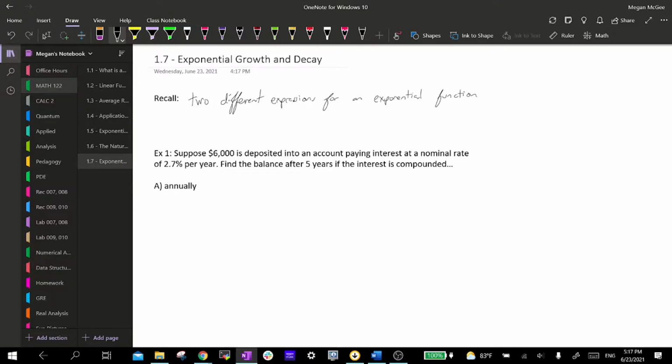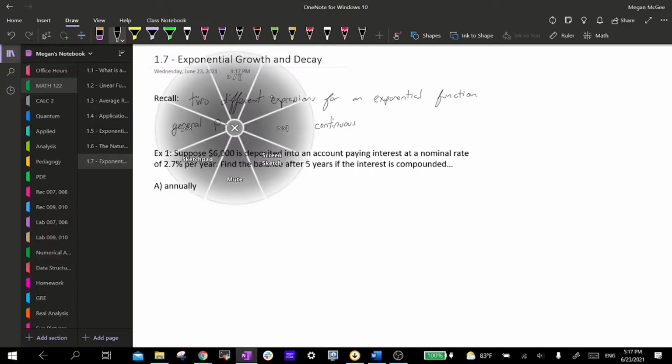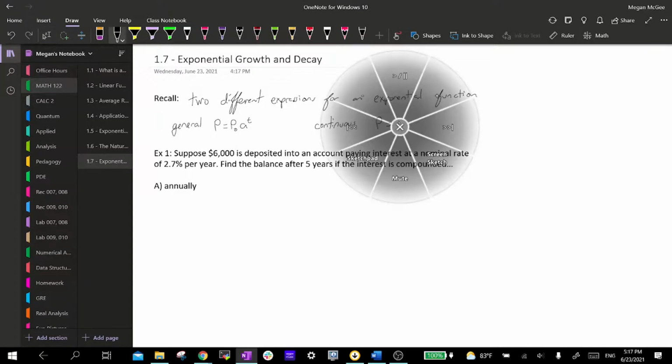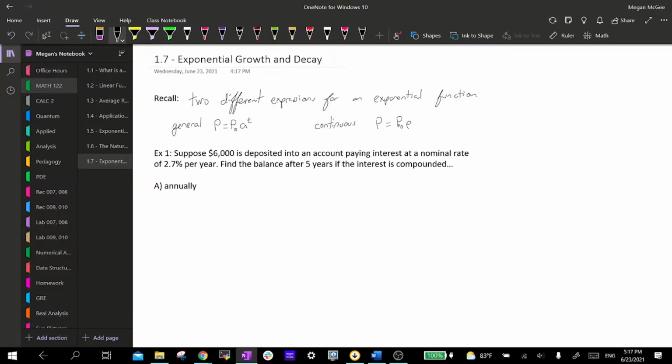Remember, we have the general expression and the continuous expression. Our general looks like P equals P naught times a to the power t, and our continuous looks like P equals P naught times e to the rt or kt.